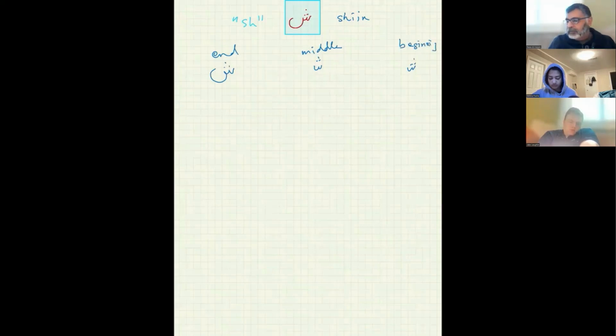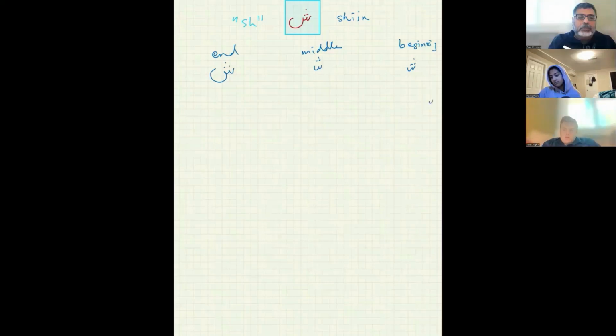So let's start with an interesting word, looking at the end and the beginning. We have the letter sheen at the beginning. Wait, so this is all one letter? This is one letter. This is the independent form. Yeah, that's messed up, I know.